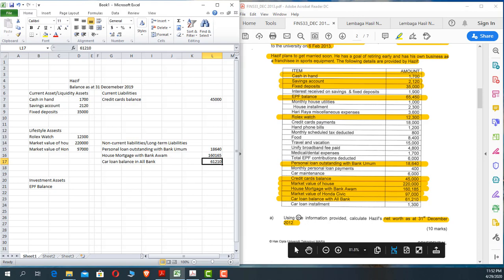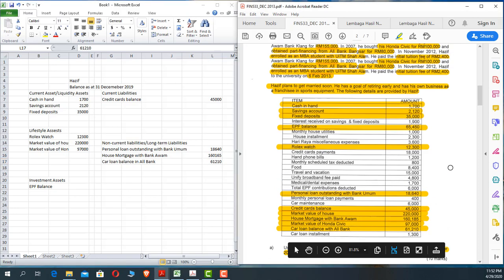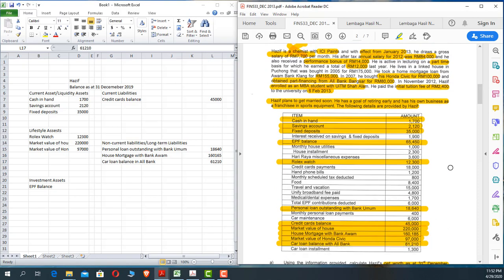Okay, the last, kalau installment yang ni ialah expenses yang awak bayar, sebab awak beli kereta, dia ada still lagi installment yang awak bayar, iaitu dia bagi nilai ialah 1,300 based on tahun 2012. So that's all based on this information.